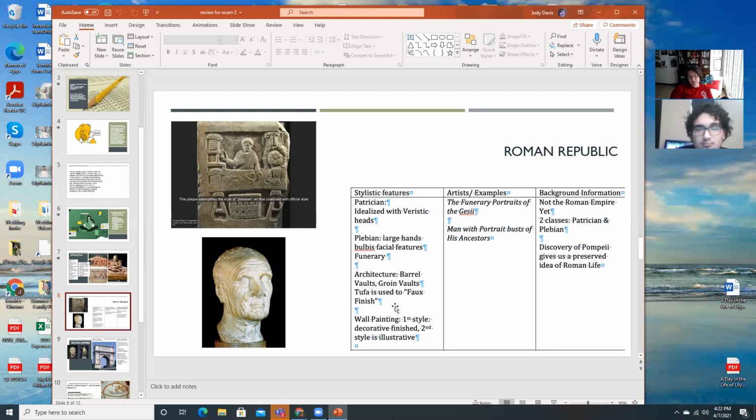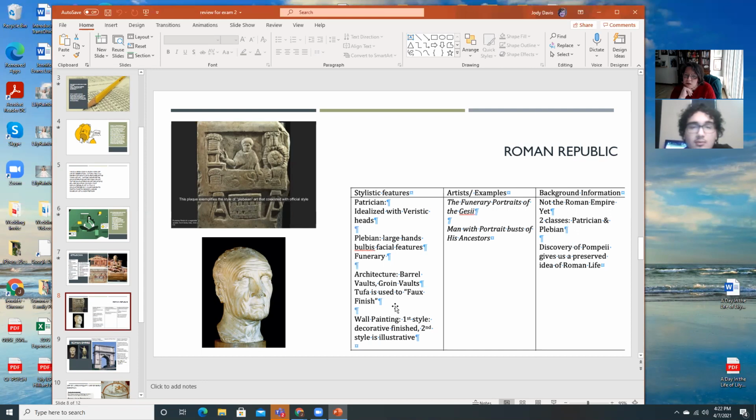And the plebeians are the other 90% of society. It doesn't necessarily have to do with wealth. You could be patrician and not really make that much money. You could be plebeian and make a little bit of money, not a ton of money. But money really wasn't so much as the lineage that you came from.